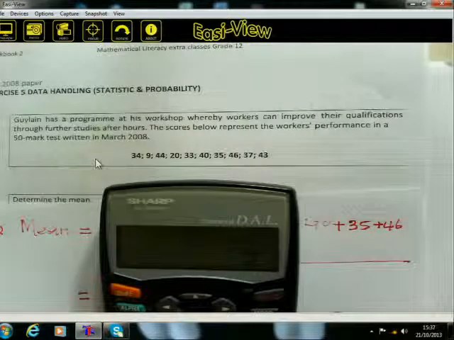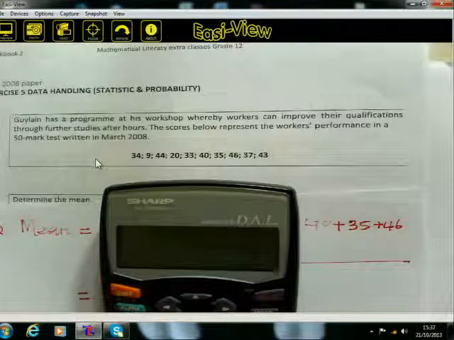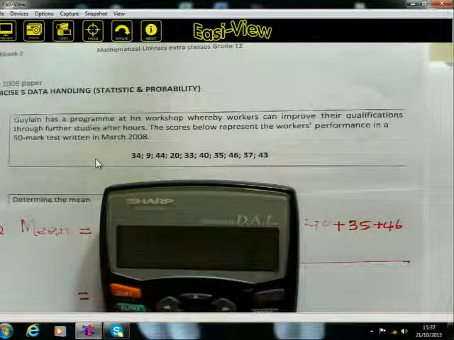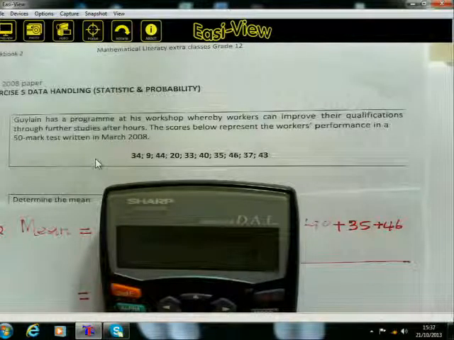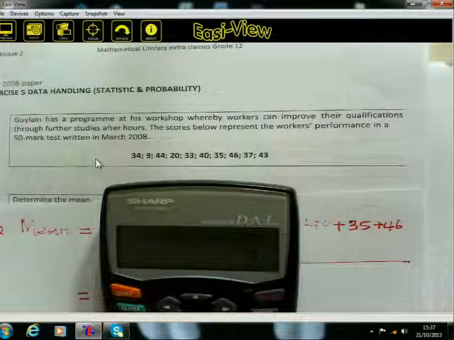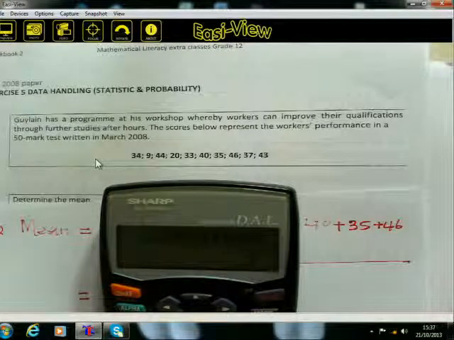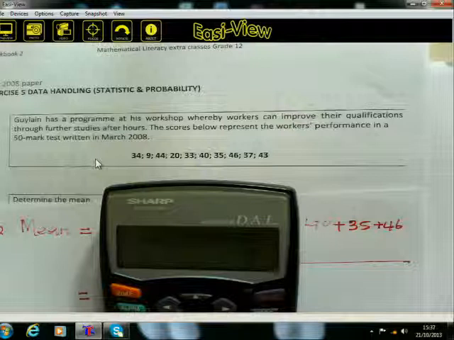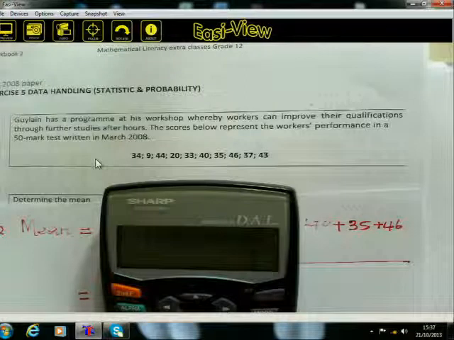Check from the scenario that is given in front of us. We are going to say 34 plus 9 plus 44 plus 20 plus 33 plus 40 plus 35 plus 46 plus 37 plus 43.